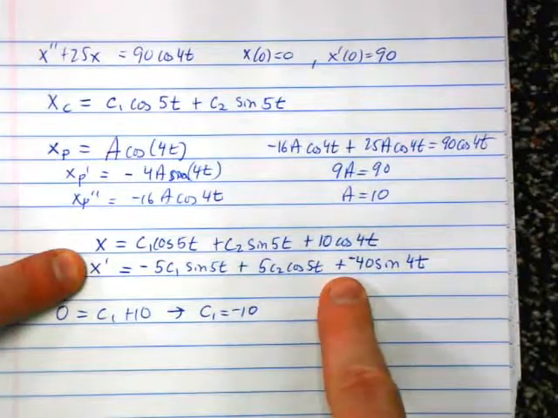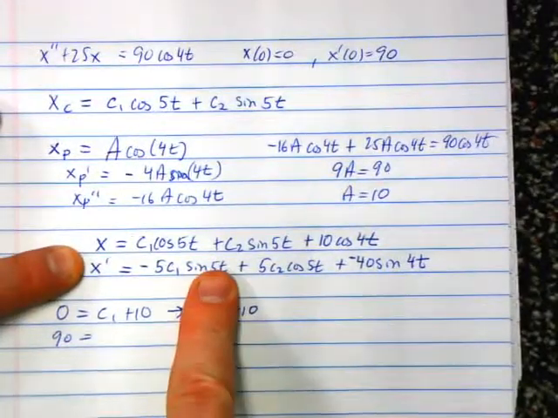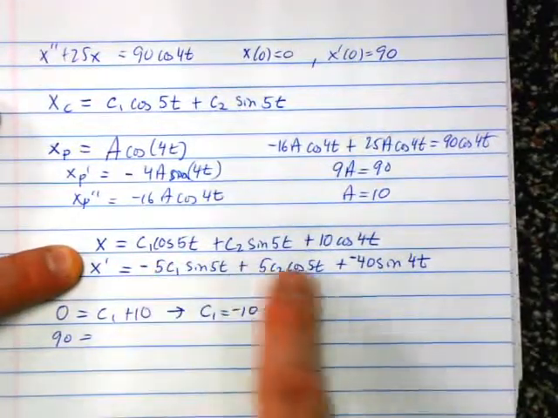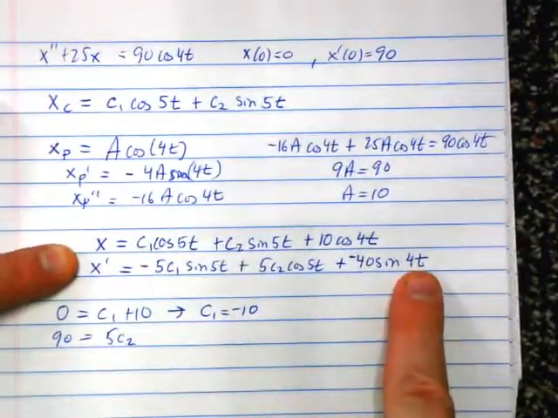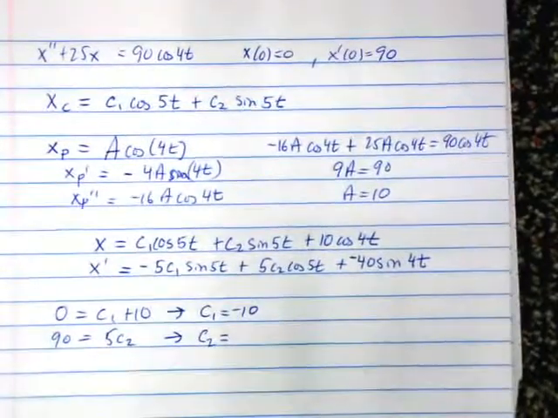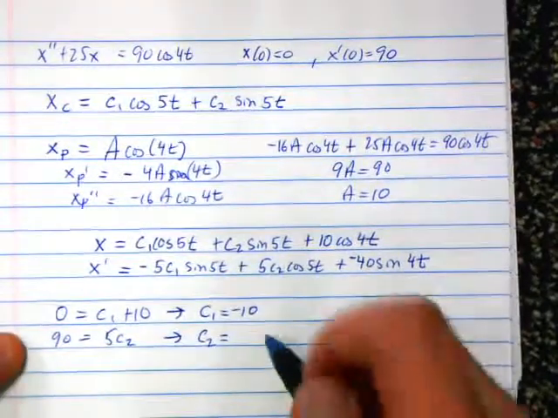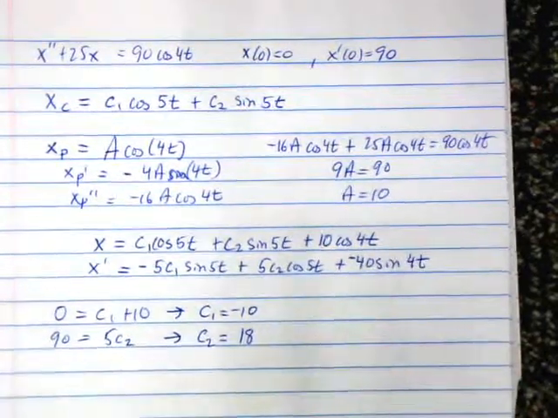Plug in the other initial condition. 90 equals, sine of 0 is still 0, so this piece goes away. 5C2, and sine of 0 is 0, so that one goes away. 90 divided by 5? 18.